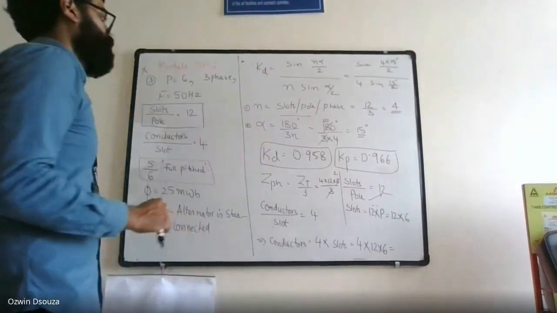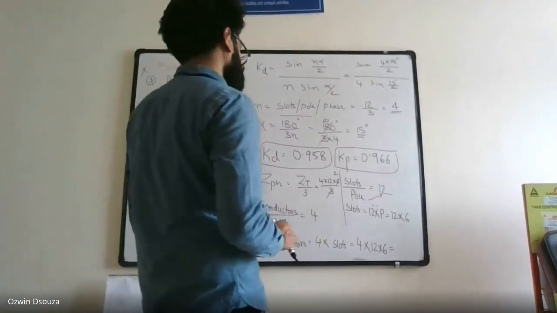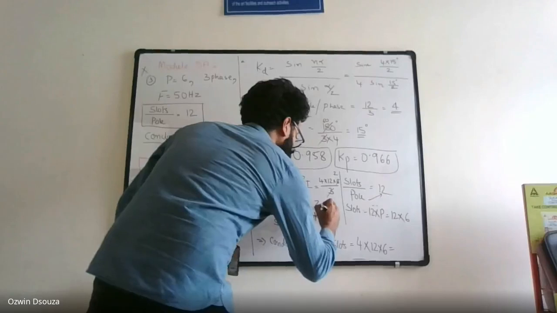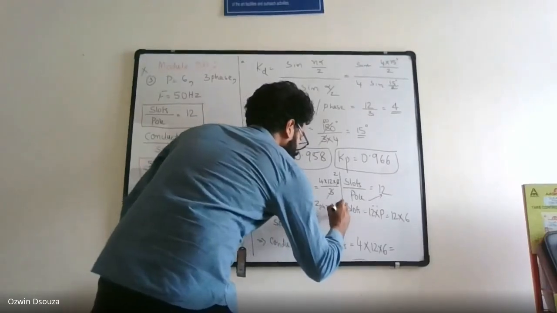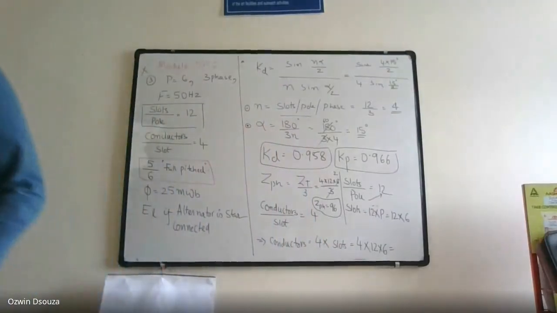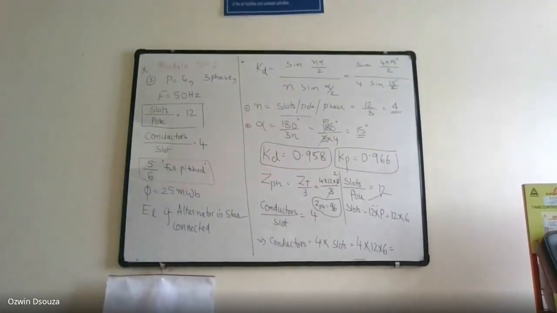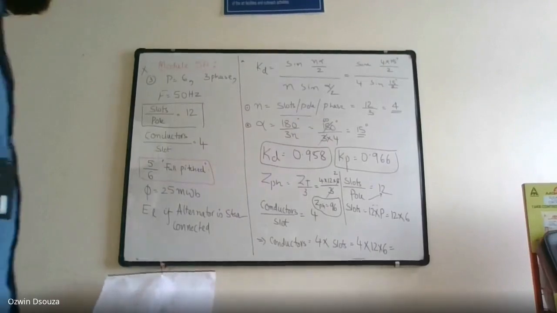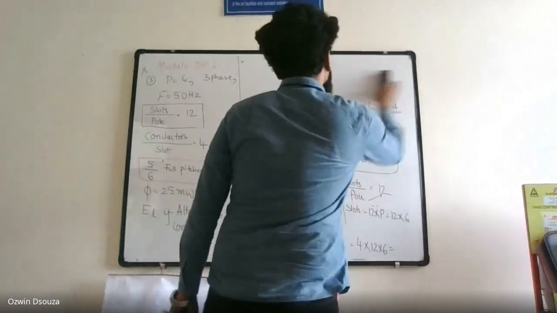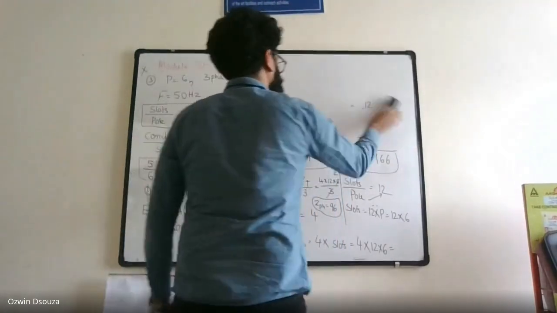So 96, right? So Z phase, you will get as 96. Once you have this Z phase value, you can find out the EMF.